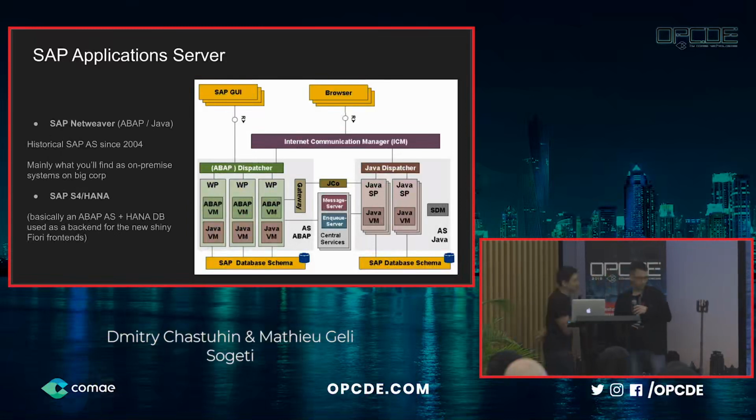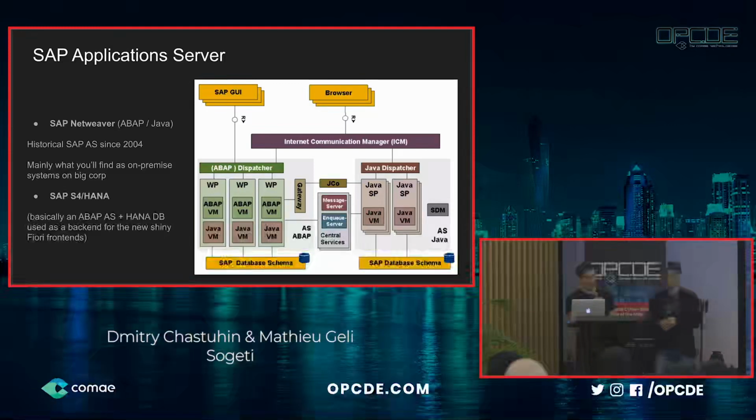Yes, good understand. Before we go to the next part, we should describe what is SAP Application Server, or AS. So Application Server is a really important part of SAP. It runs the business logic, and we could dedicate 2 or 3 different SAP application servers.